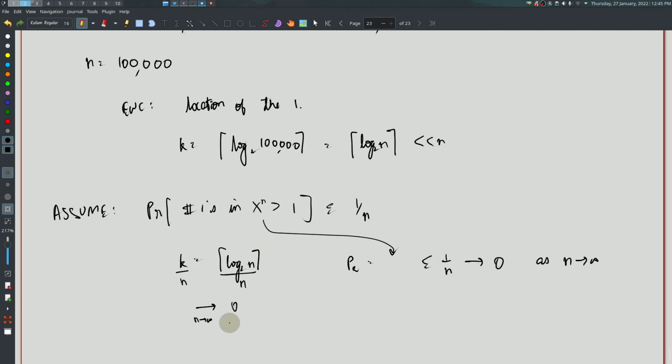The rate is also vanishing in n. So this is ultimate compression. But you have to keep in mind certain things. One is that we have this very special distribution which is known to both the encoder and the decoder, and the second is that you're allowing a certain probability of error.